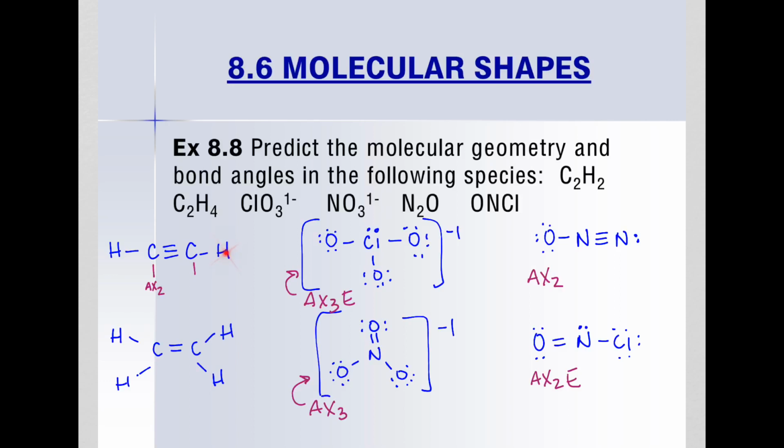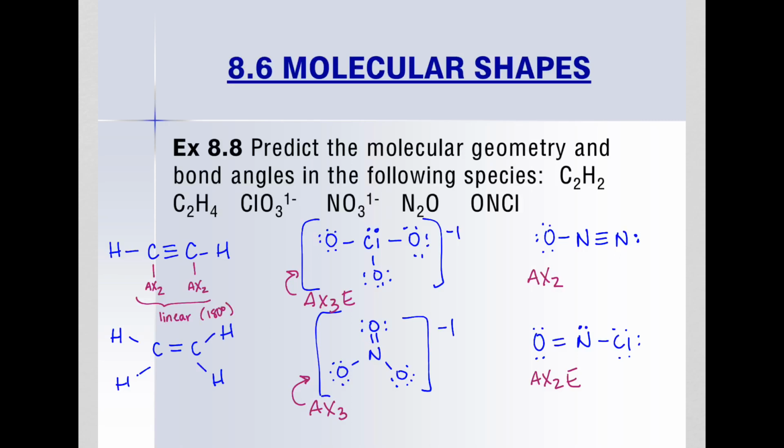Our other one has 1 hydrogen and 1 carbon. No lone pairs, so this carbon is also AX2. They will not always be the same, but in this case, because they are symmetric, they will both be linear. Okay, so this whole molecule would be linear, which means our bond angles would all be 180 degrees.